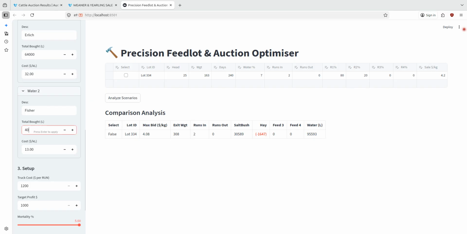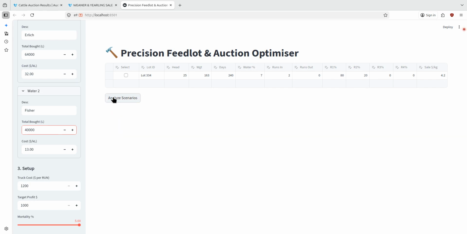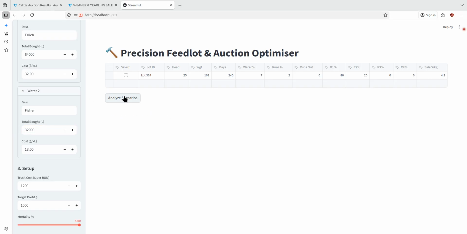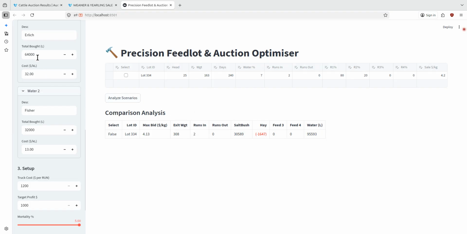Actually, I only need 40,000. So it'll save me a couple of trips. So 95. 30,000 actually, 32,000. And that gives me, I'm still okay.